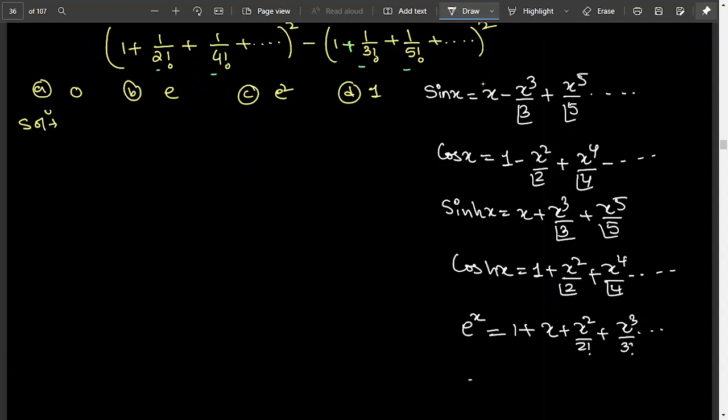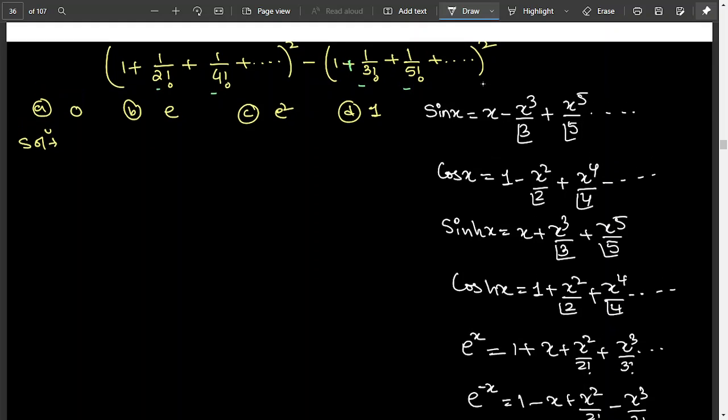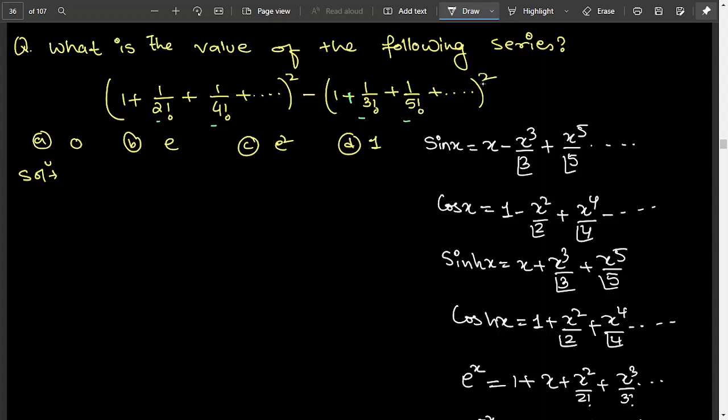Similarly, if you talk about negative x, then you just have to use the negative value, 1 minus x plus x square upon 2 factorial, negative of x cube. On the odd terms you will get negative sign. So these are the most important expansions which you must know. Okay, let us move on to the solution of this problem.